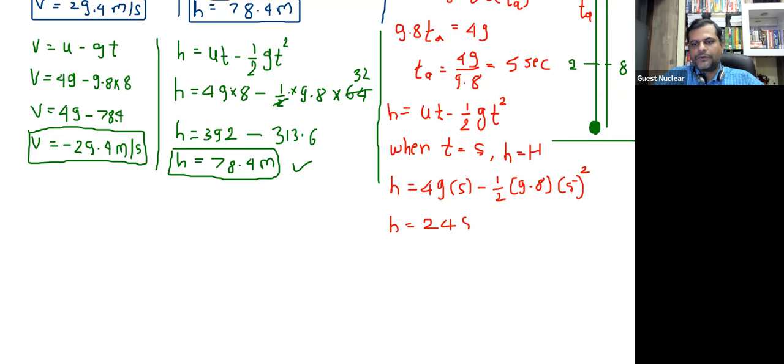Yes, 245 minus, what is this? अच्छा, 2 को cancel out करो 9.8 के साथ, leaving behind 4.9 here. So we can get this 4.9 into 25. Okay, so if we find it out, then h can be found out to be equal to, how much is this? 245 minus 4.9 into 25. How much is it?